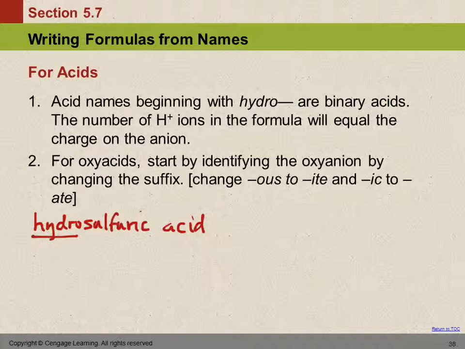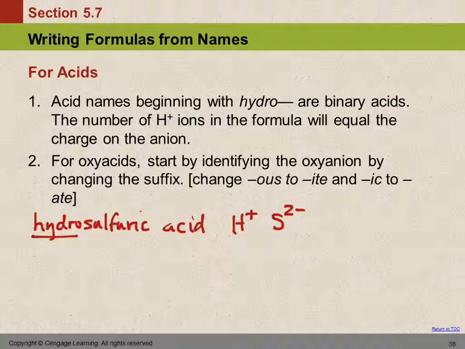This prefix hydro tells us that what we've got here is a hydrogen ion and then a sulfur ion. Hydrosulfuric means hydrogen and sulfur. So we've got hydrogen and we've got sulfur, and then we need to figure out what the charge on a sulfur ion is. So we look at the periodic table. 0, -1, -2. So this is S2-.